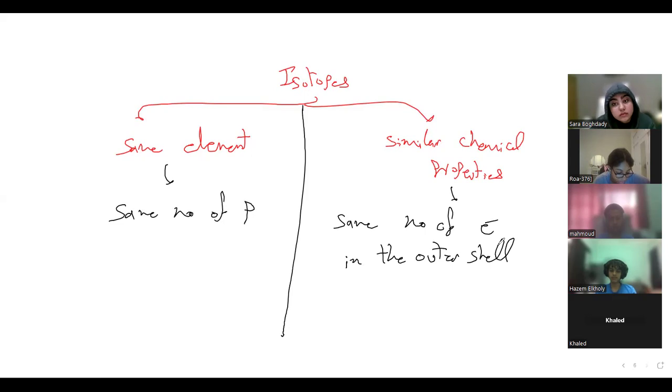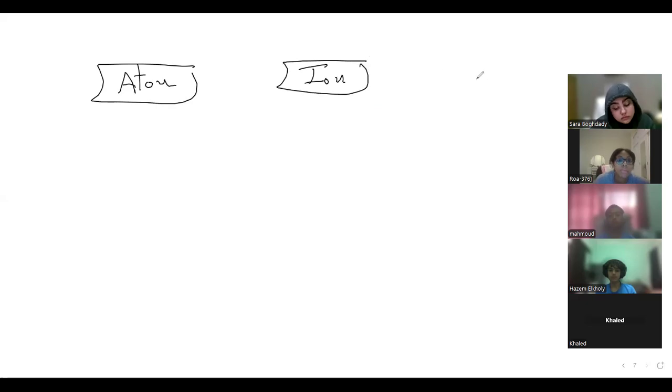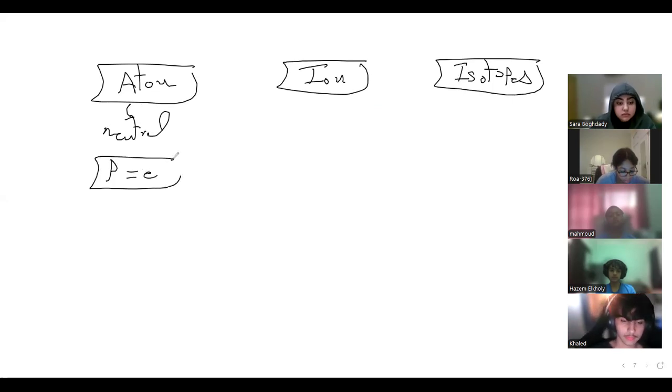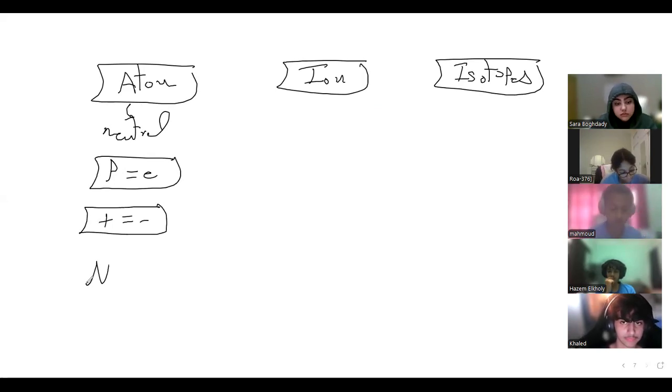Again, we said that there is a difference between atom, ion, and isotopes. If we make comparison between atom, ion, and isotopes, in atom we said atom is neutral, so protons is equal to electrons, or positive equal to negative, and there is no charge, like Na or Cl.